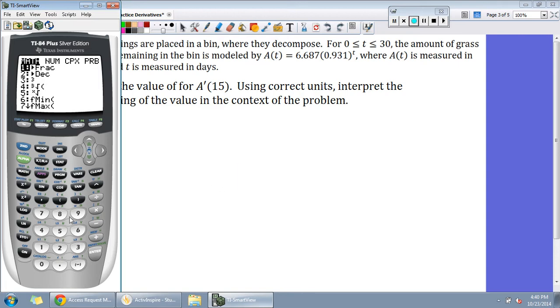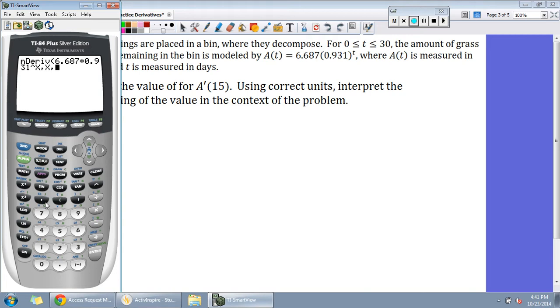You go to Math and you scroll down to where it says nDeriv. And if you have a newer operating system, it'll say d over dx and then have parentheses. You should type in the equation now. We got 6.687 times 0.931 raised to the t power, or in this case x. And then you need to tell it what variable you're taking the derivative with respect to. So of x, since it doesn't have a t.